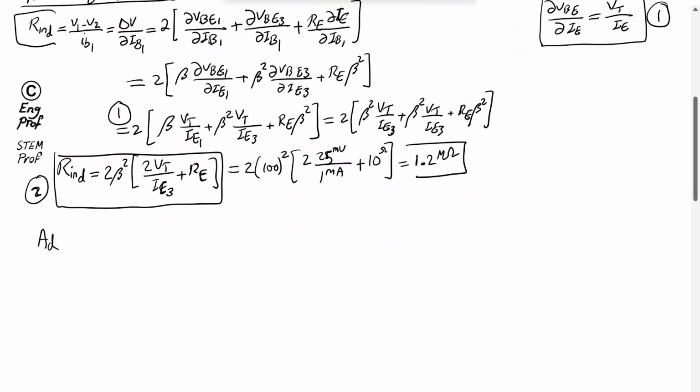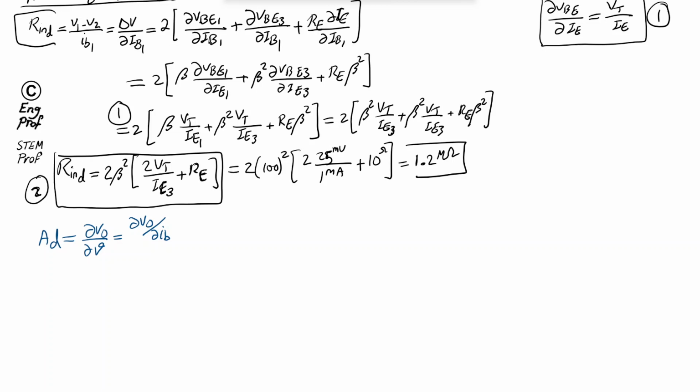So AD, as was mentioned, is equal to, let me change the color so that there is a little bit of contrast, the change in the output voltage as a function of the change in the input voltage delta V. So we can just say that is basically the change in output voltage divided by the change in current.